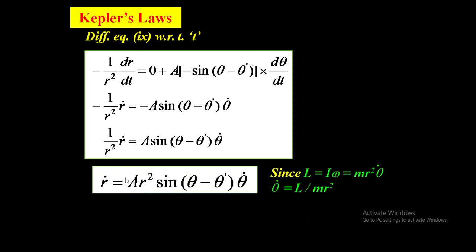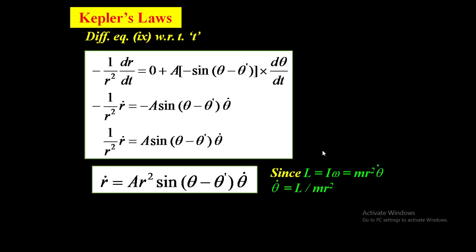Now you know that the angular momentum L is I into omega, moment of inertia into angular velocity. The moment of inertia is mr square, and the angular velocity is the rate of change of angular displacement, that is theta dot. So L is equal to I omega is equal to mr square theta dot.